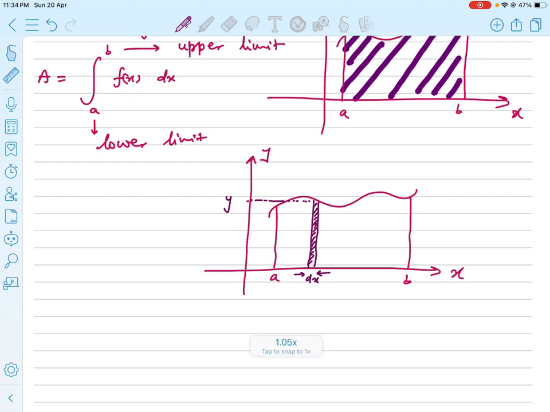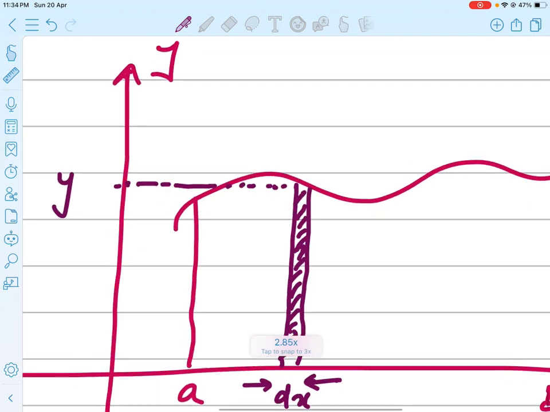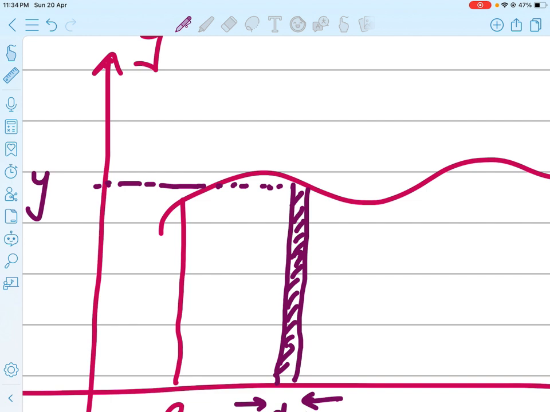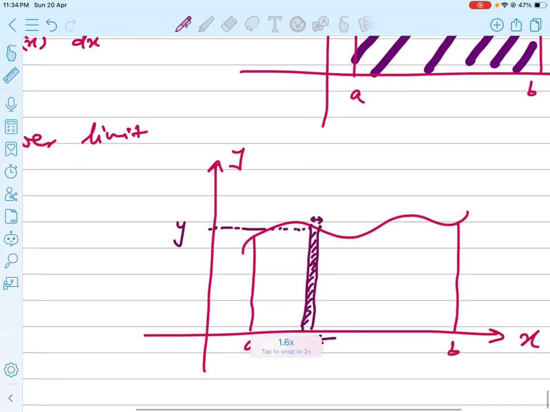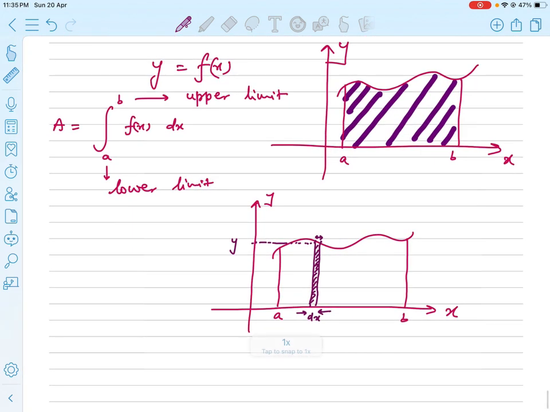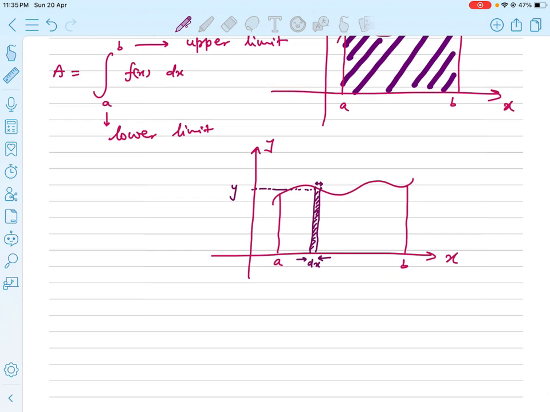Now if I magnify it like this, you can see that this part from here to here is almost horizontal. I would not say exactly horizontal, but if the width of the strip is very, very small, negligibly small, then we can say that this would be a horizontal line.